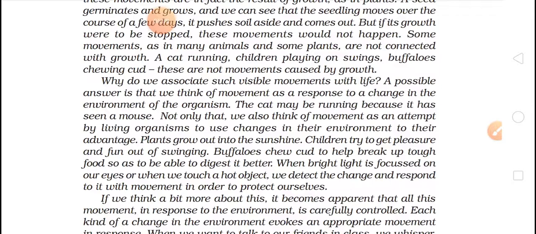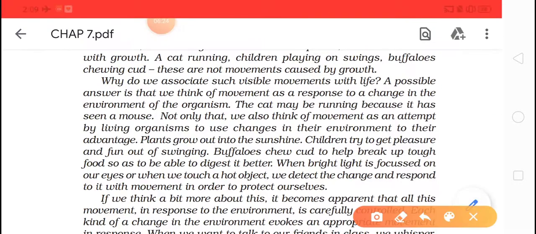When a bright light is focused on your eye or when we touch a hot object, we detect the change and respond to it with movement in order to protect ourselves. I have explained that when we touch a hot object, the quick response will be that we remove our hand.